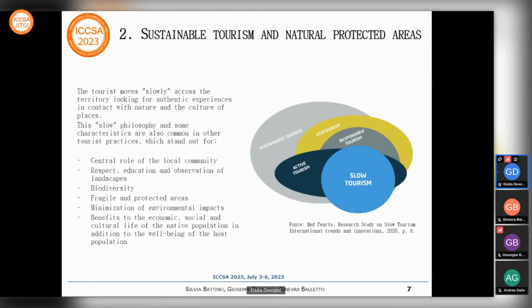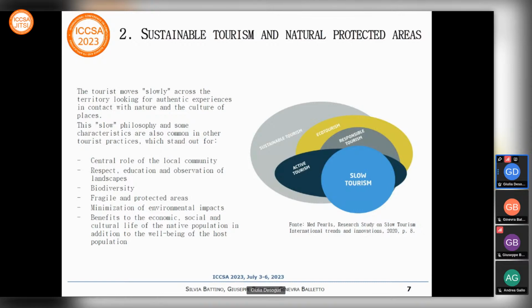And respect for biodiversity and cultural resources by guests and hosts, of course, is a fundamental characteristic. So this helps to improve the quality of life in the destination and to remain competitive. So we talk about respecting places, preserving biodiversity, and promoting local identities.